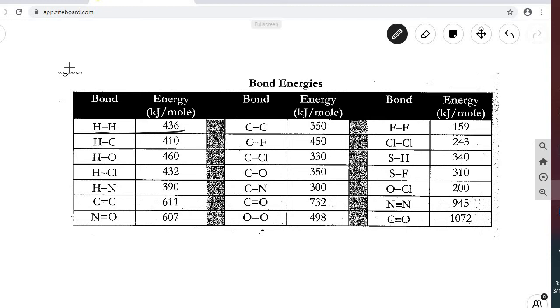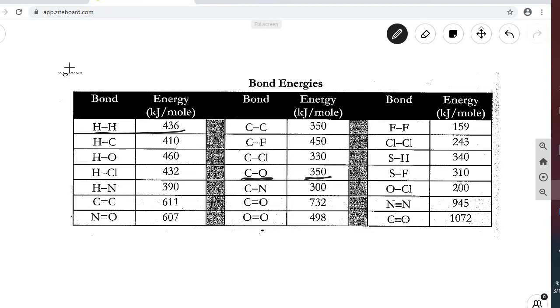And then here's a carbon and oxygen bond. The carbon-oxygen bond requires less energy than the hydrogen to hydrogen bond. It requires 350 kilojoules of energy to break that bond.